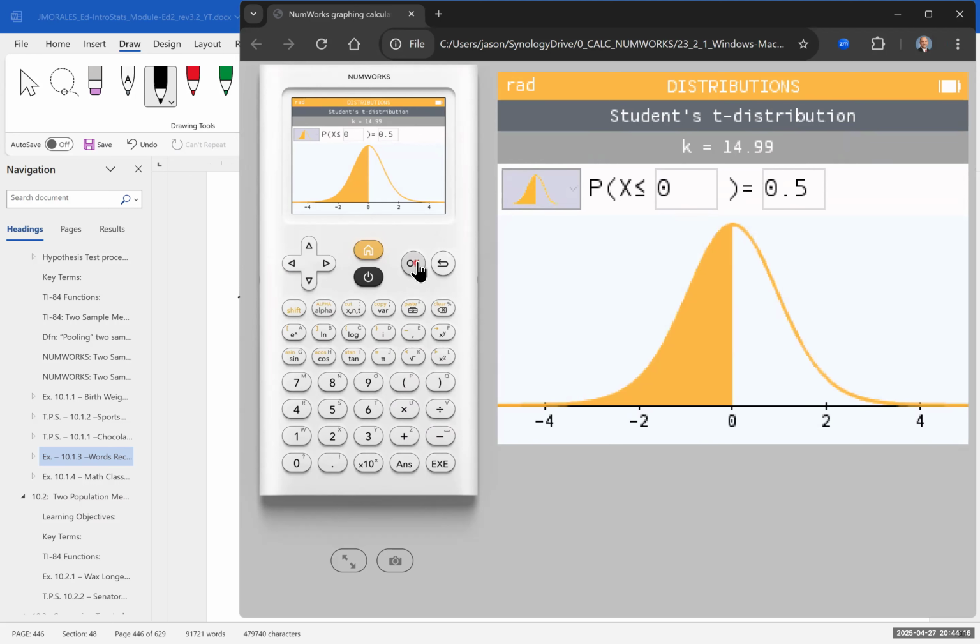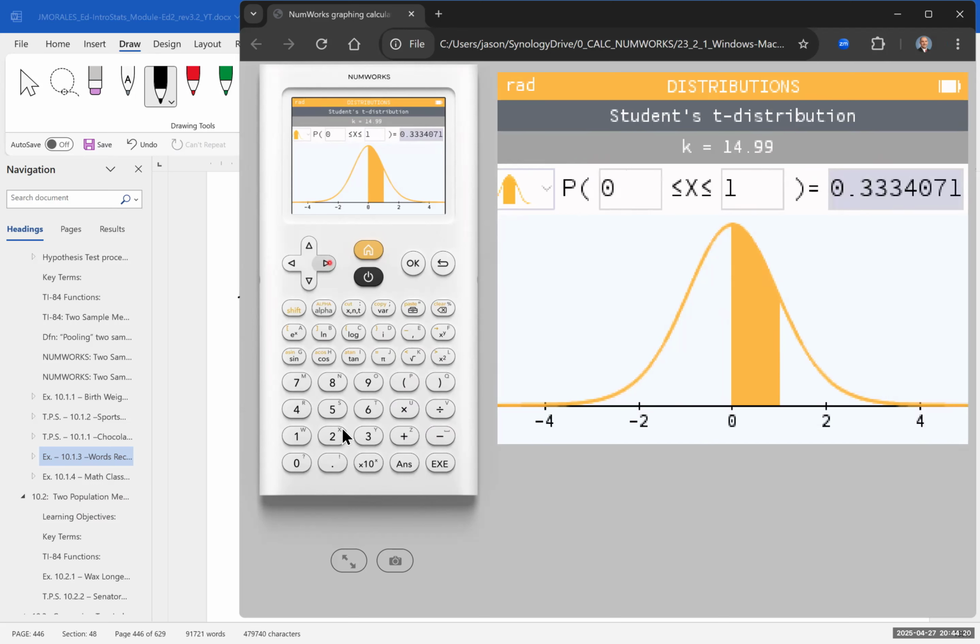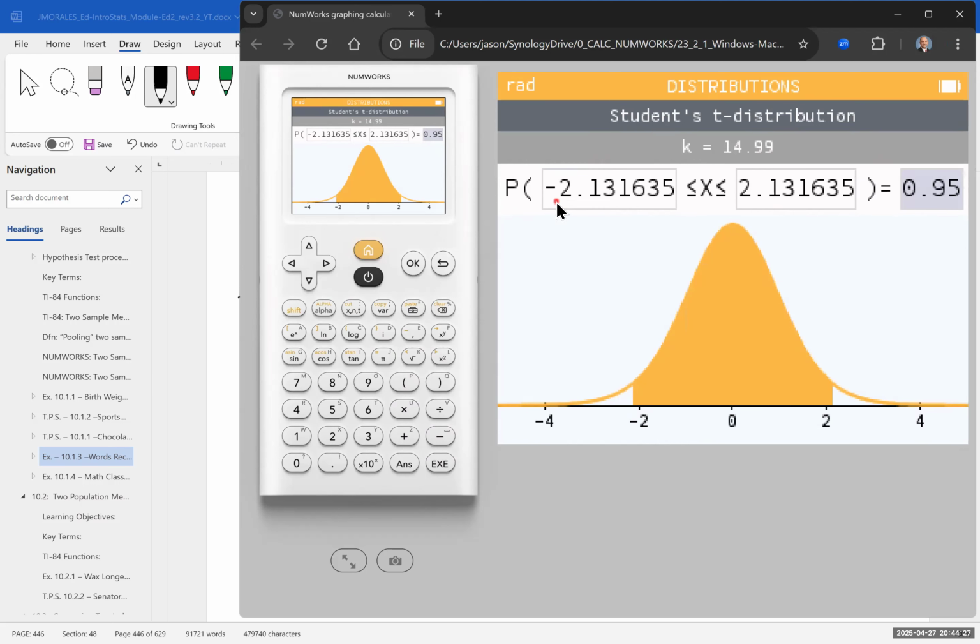And I am going to put the area in the middle because I can. And the confidence level is 0.95. So I get a negative 2.132 and a positive 2.132.